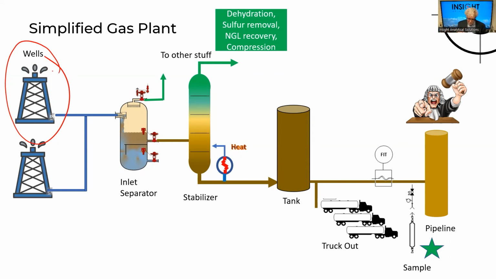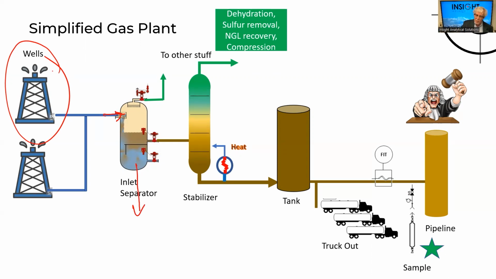The first thing that usually happens is there might be an inlet slug catcher or something like that, but we come into what's usually referred to as an inlet separator. There's a bunch of different designs. I happen to just show one here that fit with the way I wanted to do this drawing. The inlet separator's job is to start separating phases.